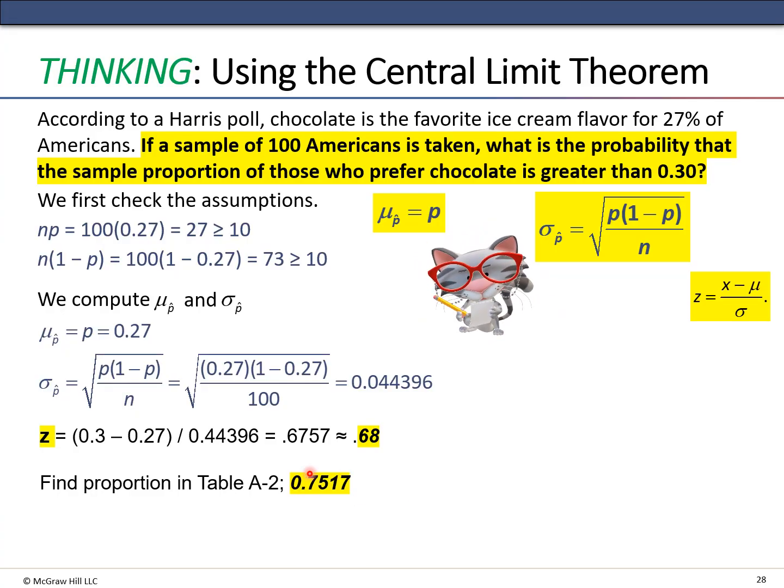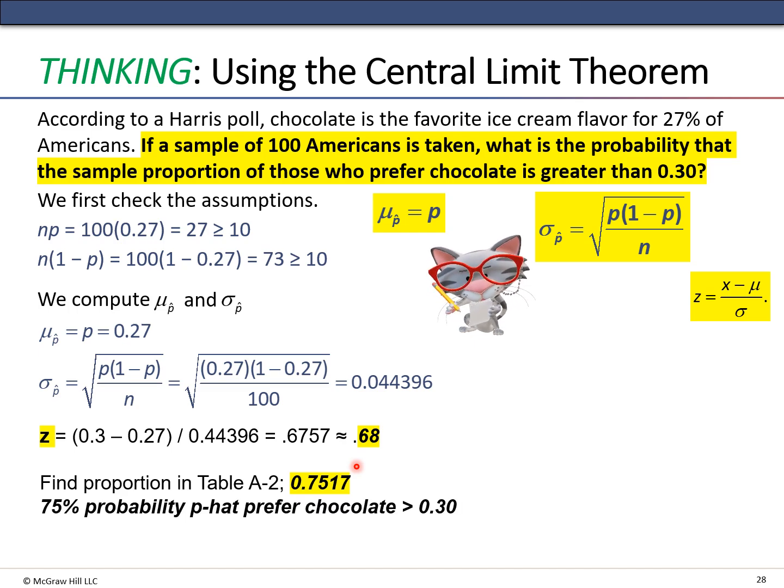Now again, we have to be careful here because we're looking at the probability greater than 30, and remember that table A2 represents probabilities less than, or the area to the left of the curve.